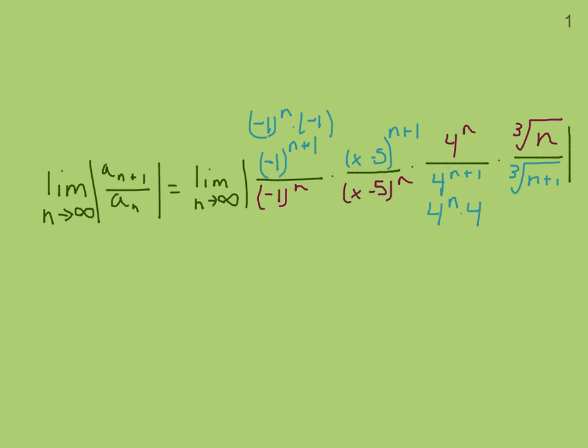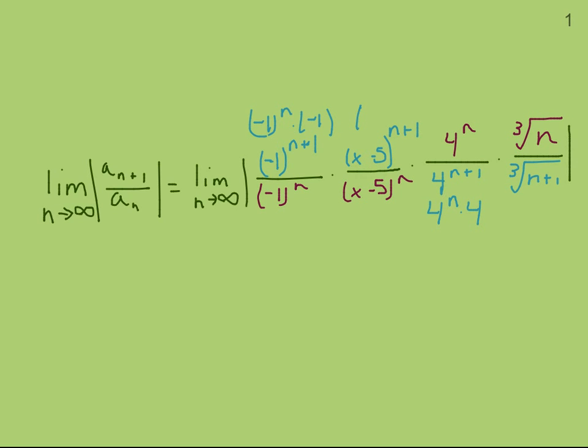We'll have x minus 5 to the n times x minus 5. Okay, great. So the negative 1 to the n's would cancel, the x minus 5 to the n's would cancel, and the 4 to the n will cancel.